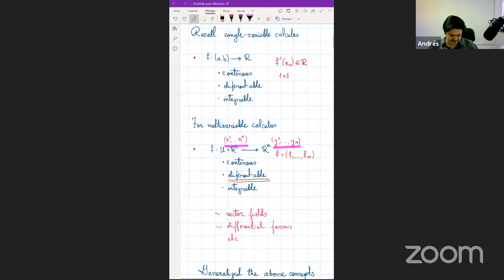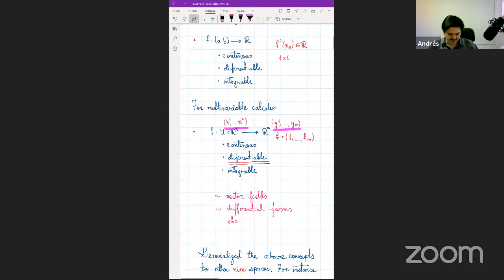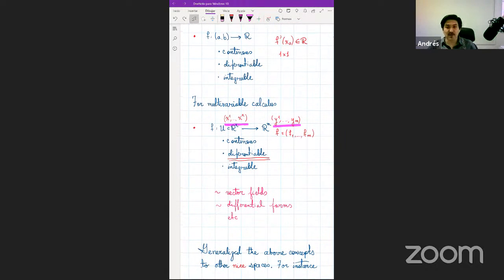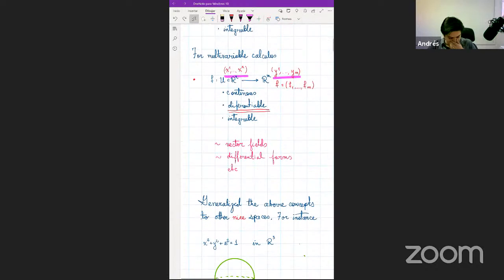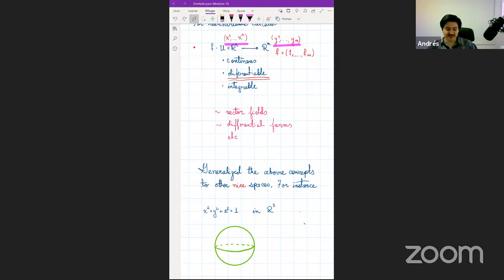Okay, so that's the whole idea of a manifold, to generalize the concept of an open set in Rn to something that has a shape. It could be a sphere, or here you have the sphere. So we are going to do this, our manifolds, for instance, on this sphere, right?